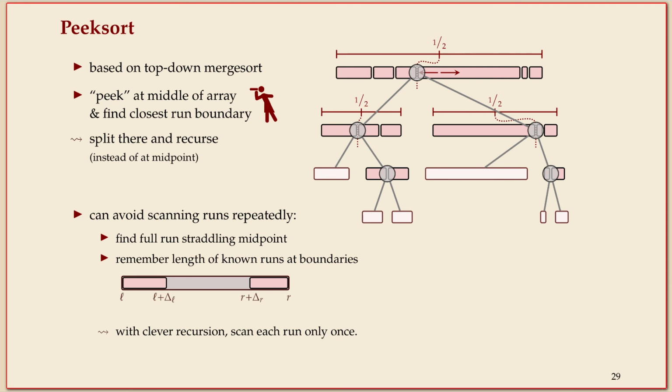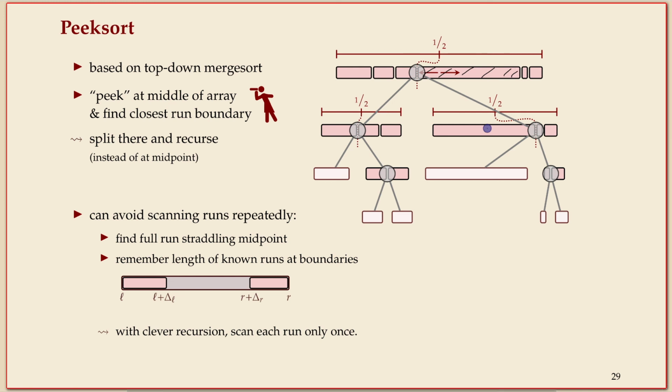If you want to implement this, you can try to be a little smart and avoid finding a run twice. It could sometimes happen in weird cases that you would scan the same run twice. And so we can avoid that by remembering what's the leftmost and rightmost run. So how could this happen? If you find this long run and you do this recursive call, this is the run that we've discovered at the topmost call.